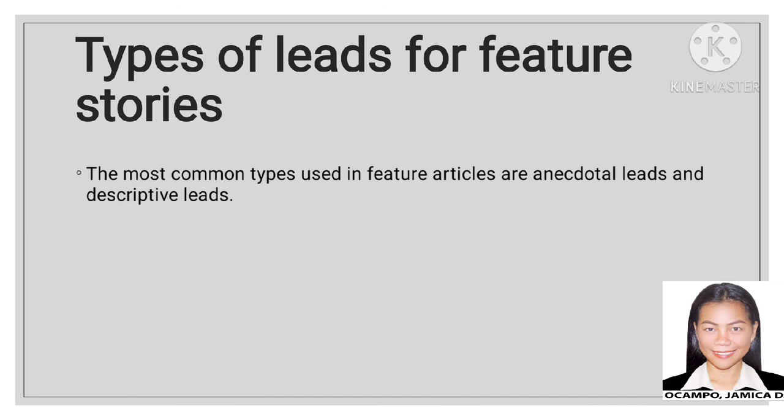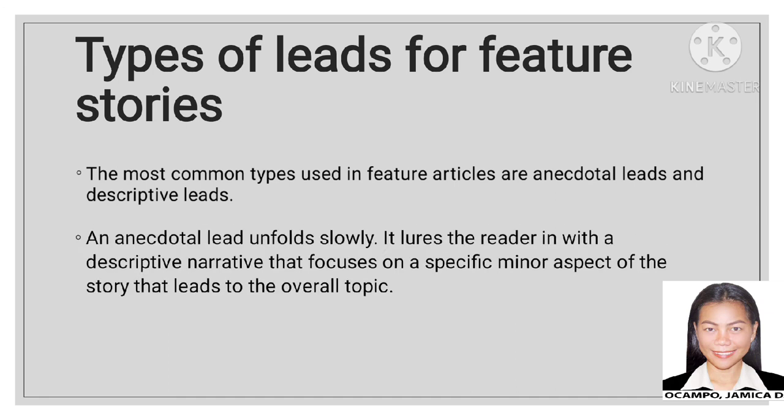The most common types used in feature articles are anecdotal leads and descriptive leads. An anecdotal lead unfolds slowly. It lures the reader in with a descriptive narrative that focuses on a specific minor aspect of the story that leads to the overall topic.